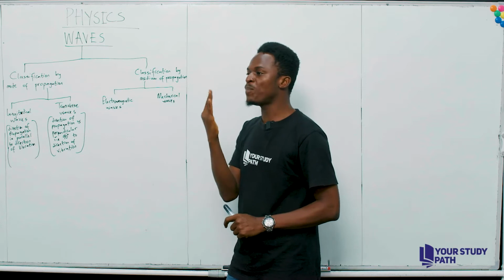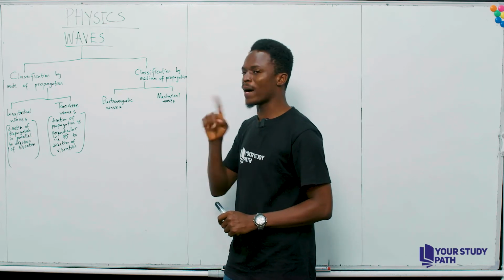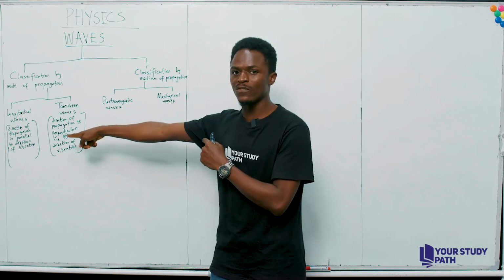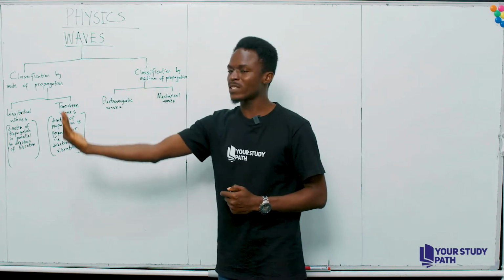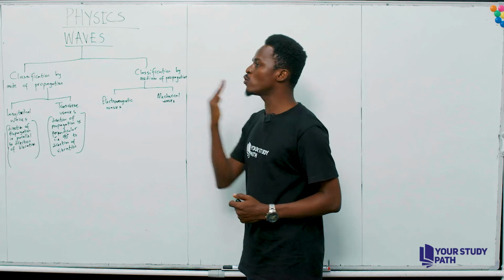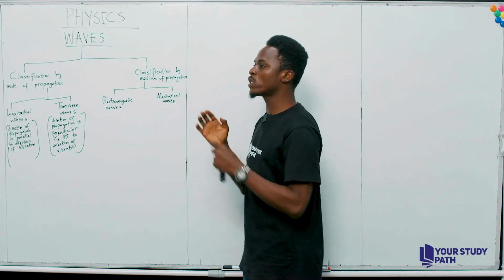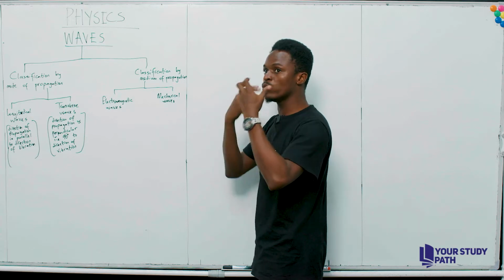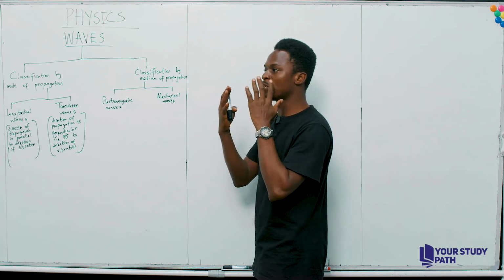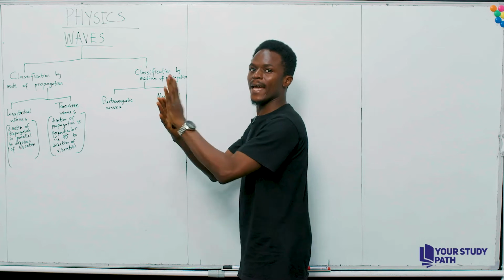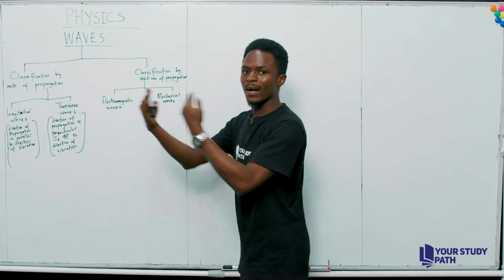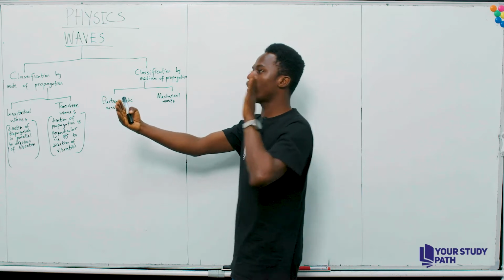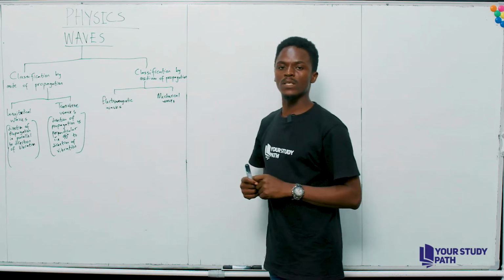And this is it. Longitudinal wave, we expect that the direction of propagation of the wave is always parallel to the direction of vibration. As such, a person is standing in front of you and you are talking to the person. It's expected that the sound, the air molecules from your mouth, push the air between you and the person you are talking to, such that it travels towards the person.